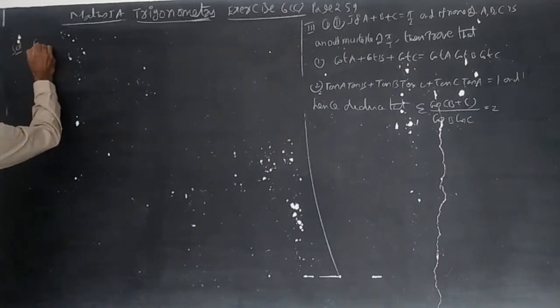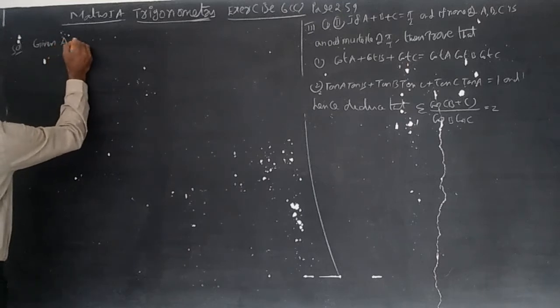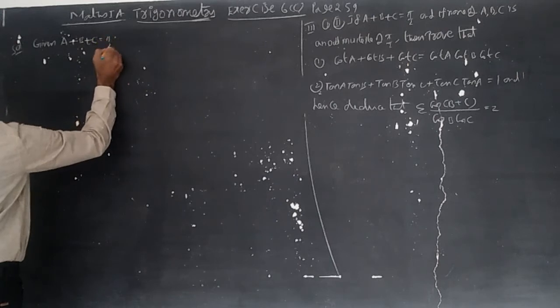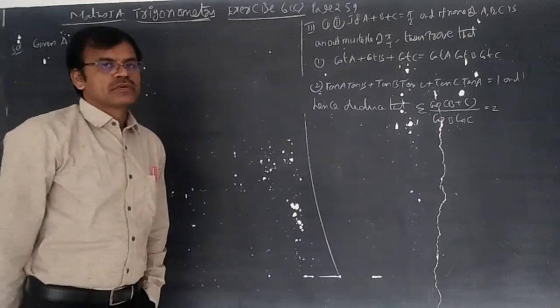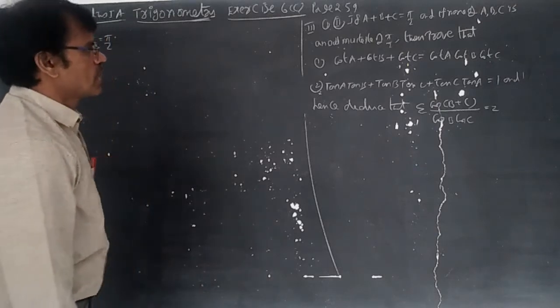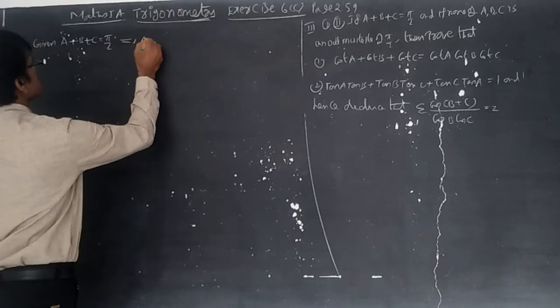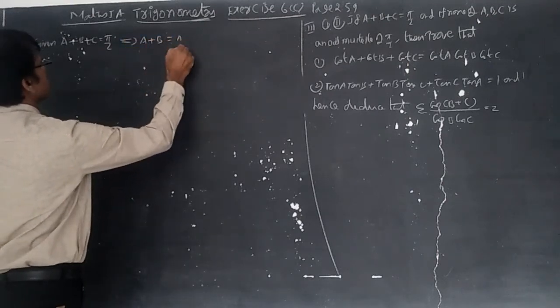Take the first one. Given a plus b plus c is equal to pi by 2. None of a, b, c is an odd multiple of pi by 2, it's okay. That implies a plus b is equal to pi by 2 minus c.